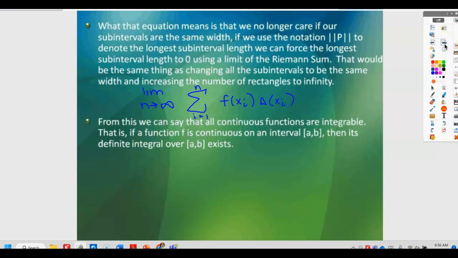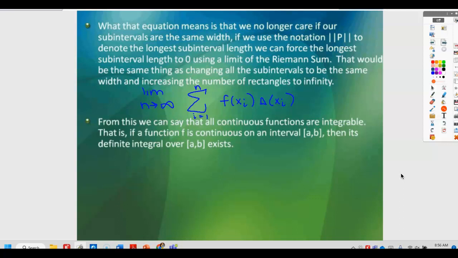And again, I already typed that blue part for you. All it means is that if a function is continuous, and we should know by now continuity matters for everything, then it is integrable. That is different than derivatives.